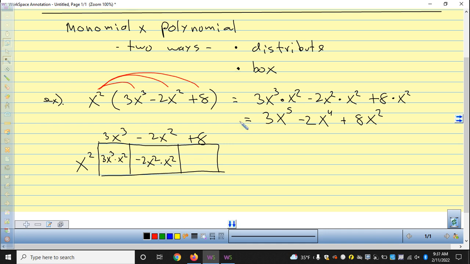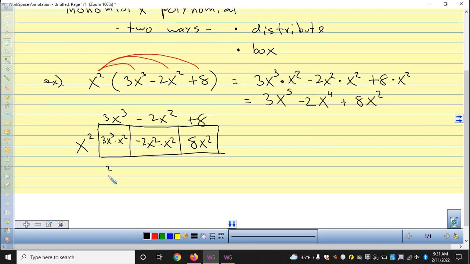And here I'm doing 8 times x squared. And then I do the multiplication. So now I get the 3x to the fifth minus 2x to the fourth plus 8x squared. So the box method is just another way to keep us organized when we do the multiplication.